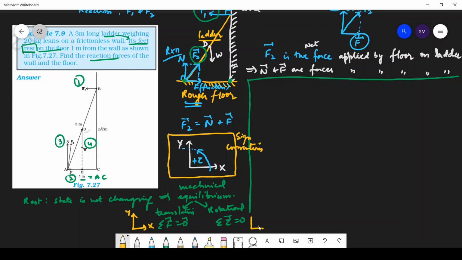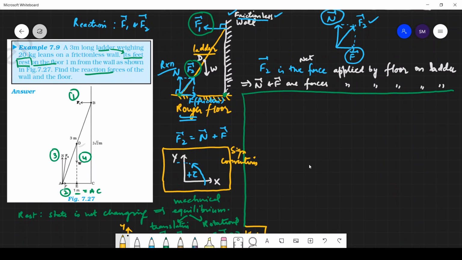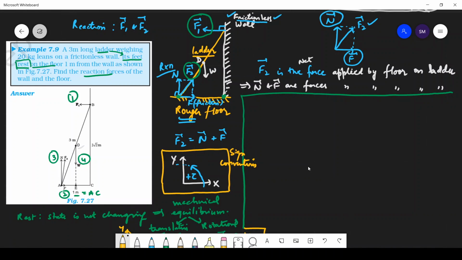If the movement is anti-clockwise, we'll take it as positive. If the direction is clockwise, we'll take it as negative. So then we need to take the sign conventions. Okay, so now there is no problem.